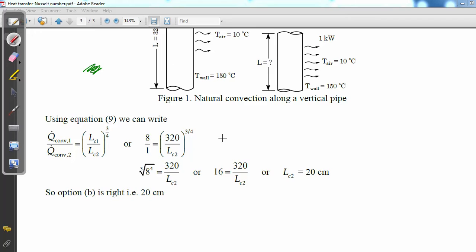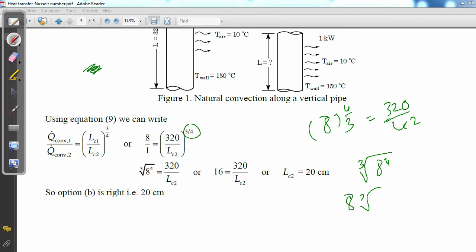They are in the same unit, so no need to change it. GATE can also change the units, so in that case you have to pay attention. Here 320 centimeter is given, so Lc2 will come in centimeter. The power will go to the other side and become 4 by 3, just the opposite: 8 to the power 4 by 3 equals 320 by Lc2. 8 to the power 4 by 3 means cube root of 8 is 2, taken 4 times, so it is 2 to the power 4, which is 16.